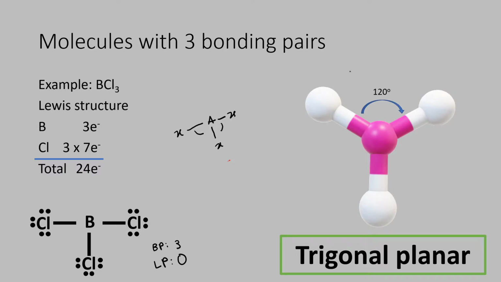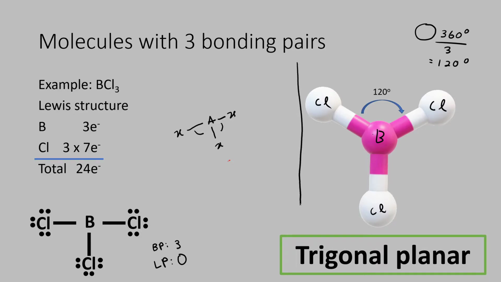It is the same as the geometry before. 360 divided by 3 gives 120 degrees. So that's why the molecule has boron in the middle and chlorine at the 3 corners. This is the molecule where all the atoms are on one plane.